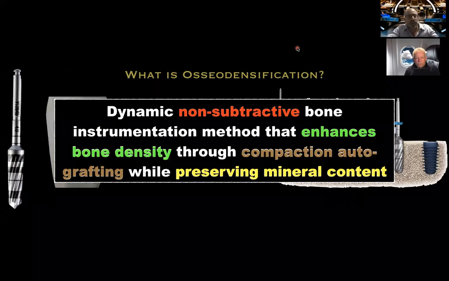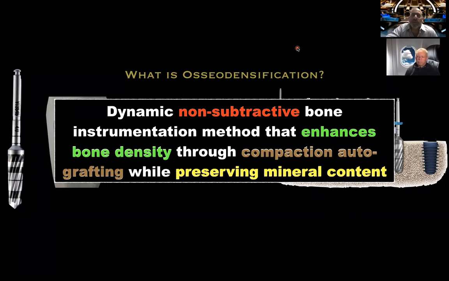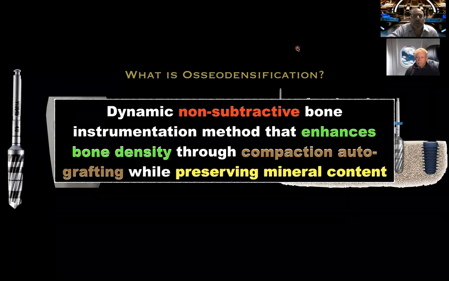We do not want to be placing bone and then coming back and using that bone that may be a xenograft or a hydroxyapatite bone, because we may end up with necrosis of that bone because it's not a vital bone substance. So when using osseodensification, whether it's sinus lifting or not, please stay away from things like bovine bone, because we are preserving the mineral content, and there is no mineral content that's been turned over with xenograft or with hydroxyapatite type of bone.